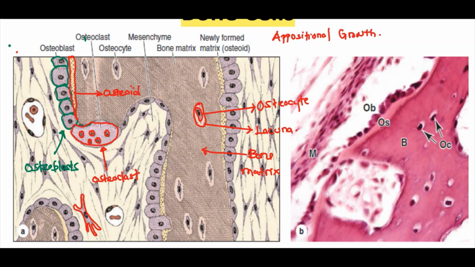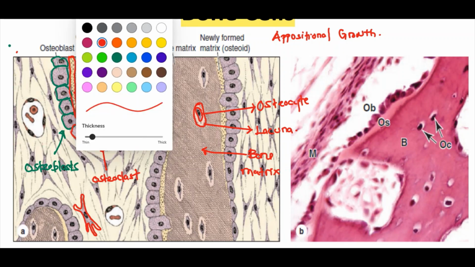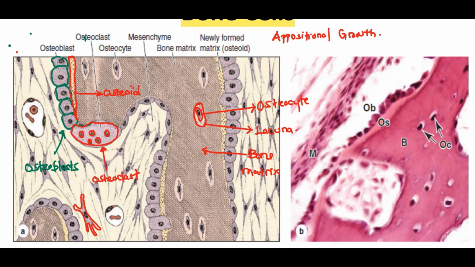Appositional growth. On the left side here, this is a histological diagram. In this histological diagram, this layer of cells that you see here, those are the osteoblasts. And underneath the osteoblasts, you can see this layer that is a little bit pale compared to the bone matrix.